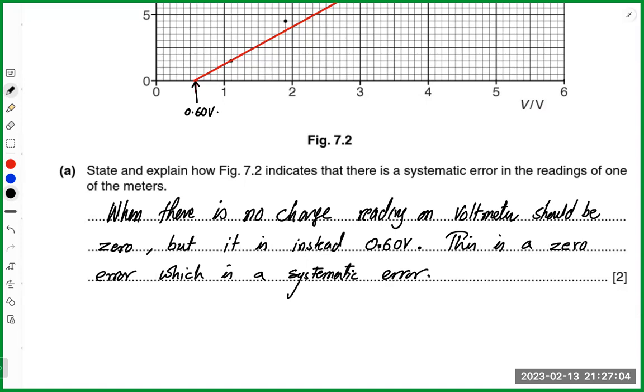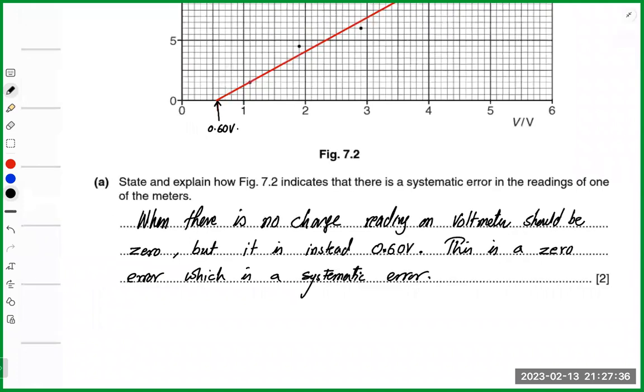It was showing that when there is no charge, still there is a potential difference of 0.6 volt, and this can only be if the voltmeter is faulty. The voltmeter shows 0.6 when the actual reading is 0. Such a problem on any device that does not show 0 when the reading is 0 is called a zero error. So this voltmeter that has been used for this experiment had a zero error.